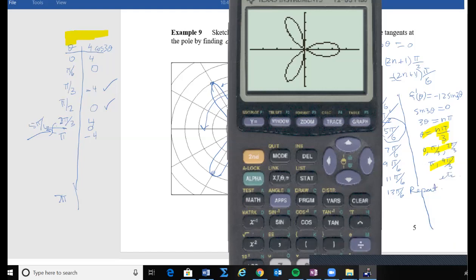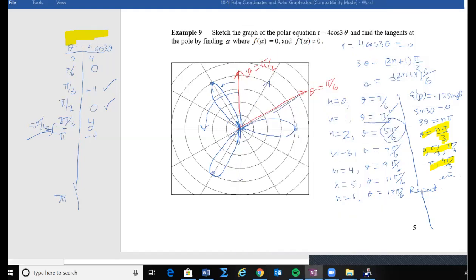One other thing. When you get way out here on these tips, it turns out there's a pretty useful generalization about some of these graphs. It's in the textbook, but anything that has this form, cosine of n theta or sine of n theta, these are called Rose curves.